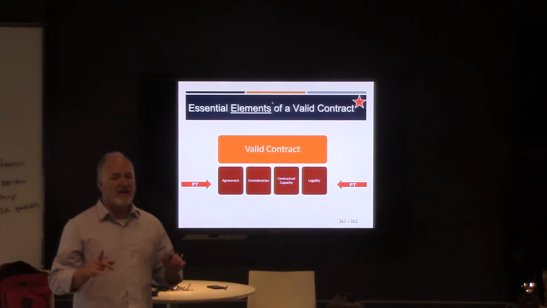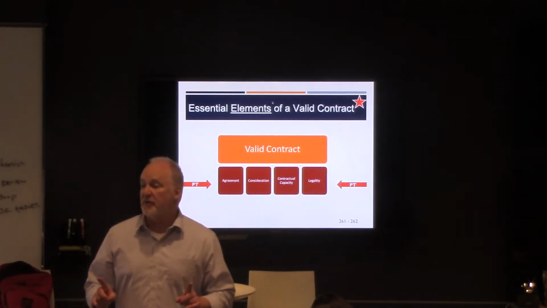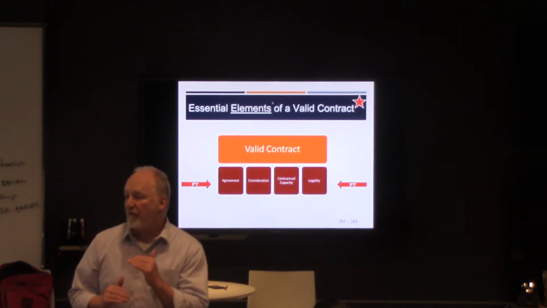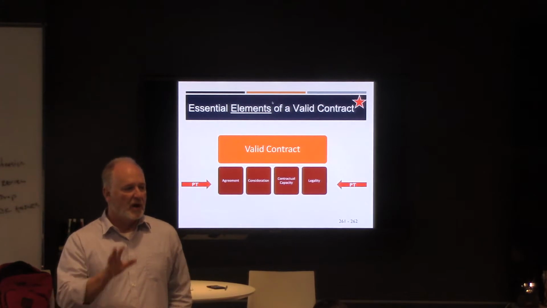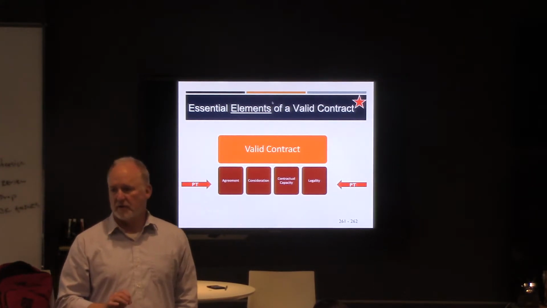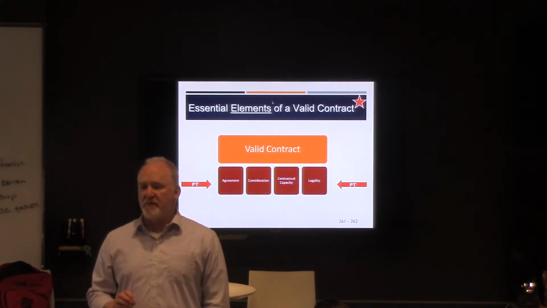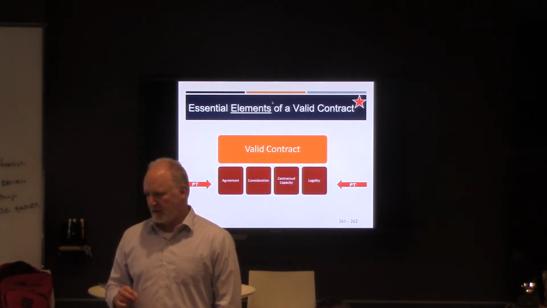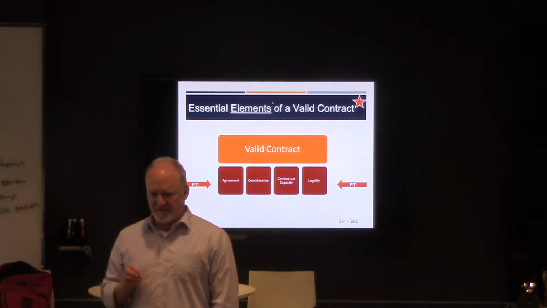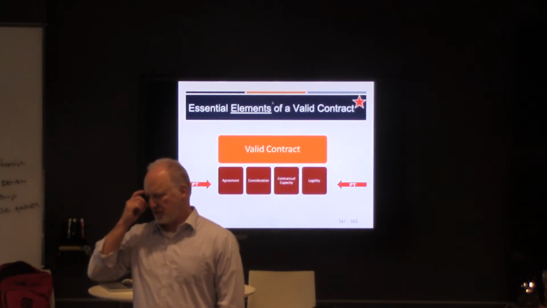The way you get to a meeting of the minds is through the offer and acceptance process. So offers. Your offers should be clearly defined terms. Offers should be clearly defined terms.